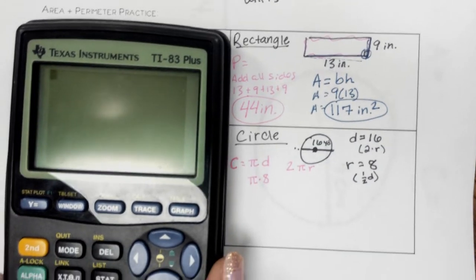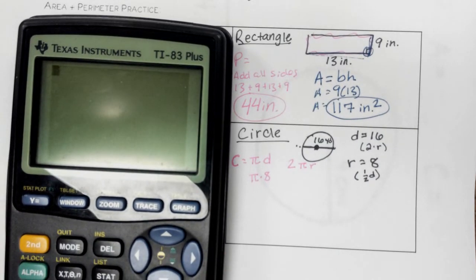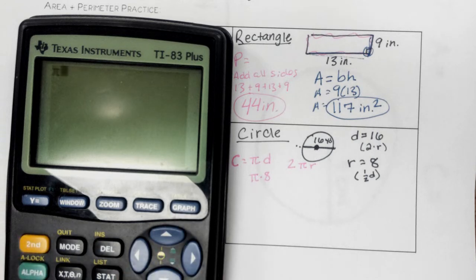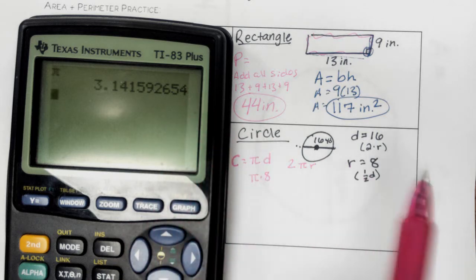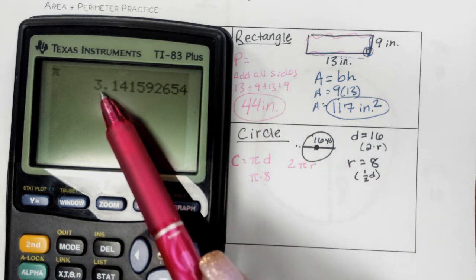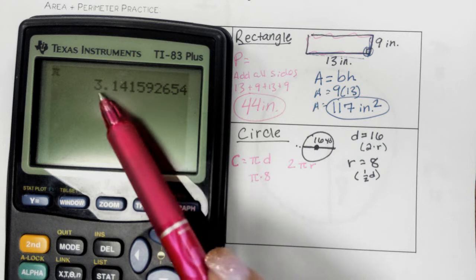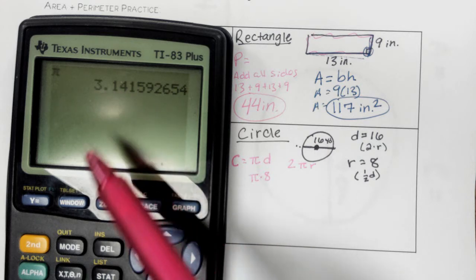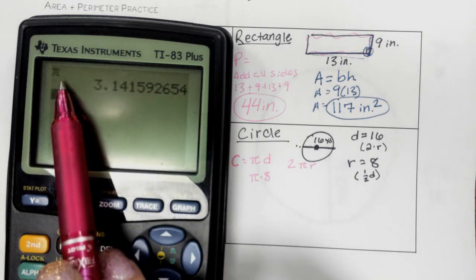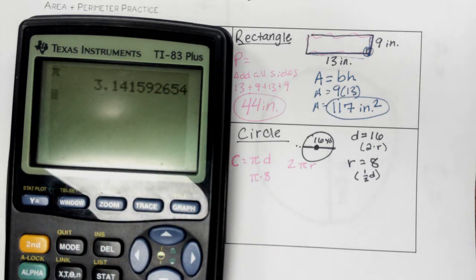In 8th grade, we talked about how pi is irrational, and that decimal keeps going forever and ever. And you can see that on your calculator if you hit the pi button. It doesn't stop at the 4, obviously that keeps on going, so this 4 is rounded somehow. So we can still use 3.14 as long as we understand that that is going to give us an approximation or a very rounded guess to our circumference. So I would prefer us to actually use the pi button unless otherwise specified.